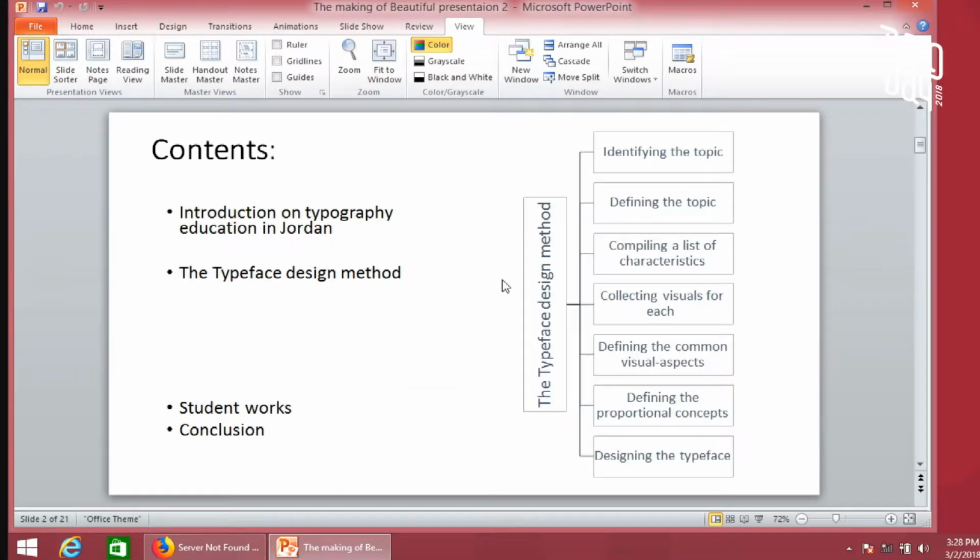I'm from the German Jordanian University, and my colleague, Professor Rejan, and I are going to introduce to you a new method in teaching typography in Jordan. First of all, graphic design in Jordan is a newly established specialty. It started only at the beginning of this millennium.